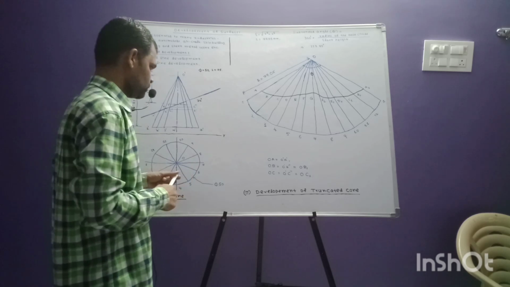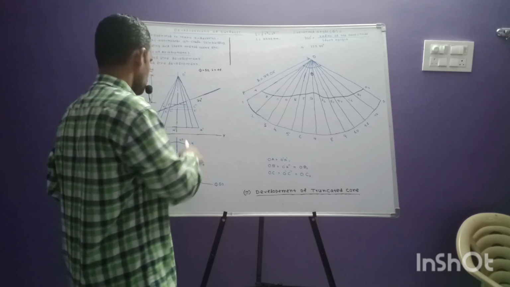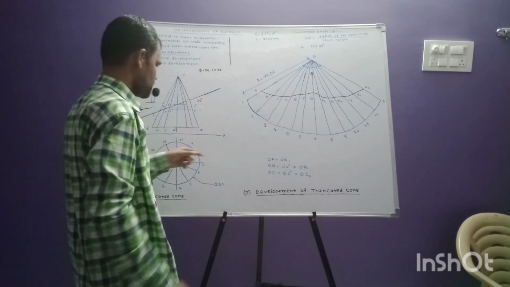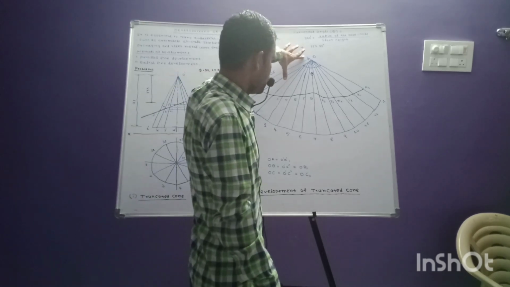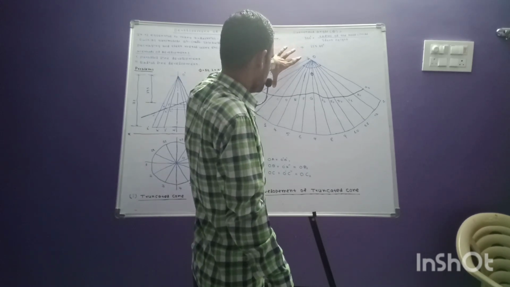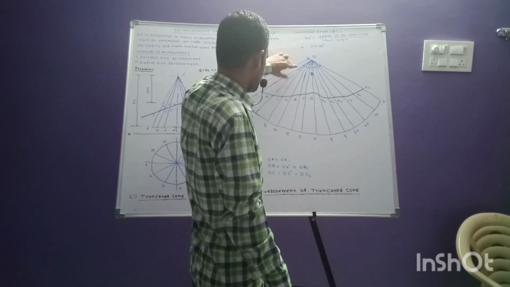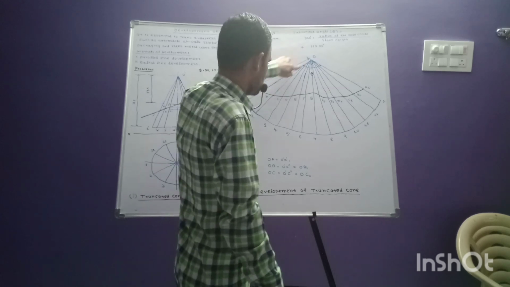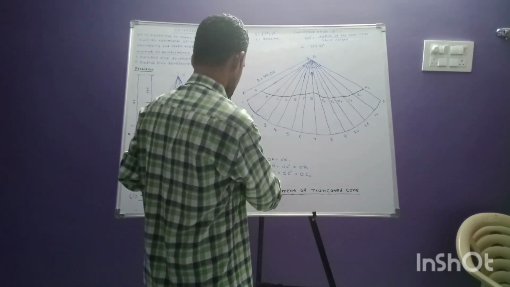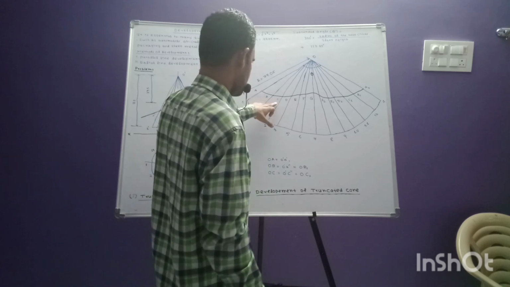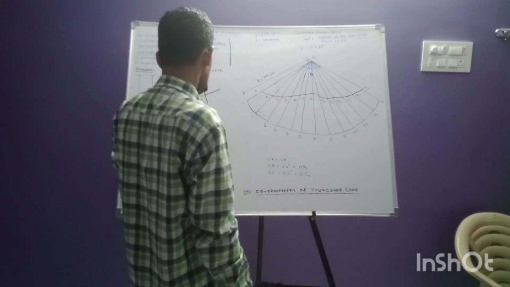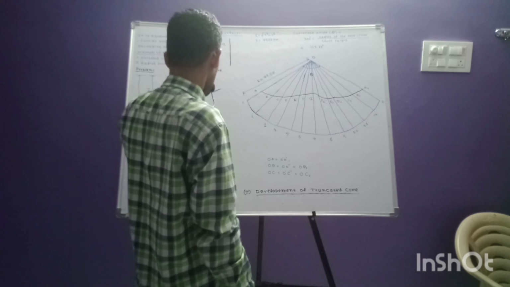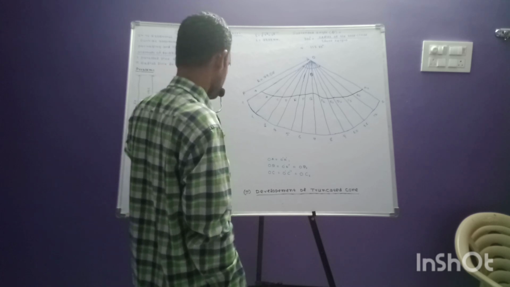O dash P dash is the distance we have to take, and with O as center, draw an arc on this line, the O2 line. For the next point, same way, we have taken this line, and O dash C dash is the true length.